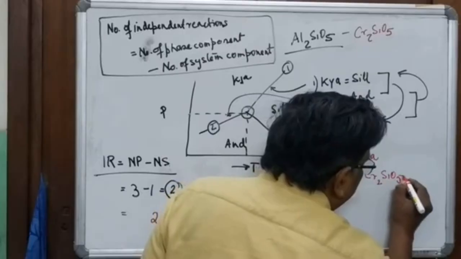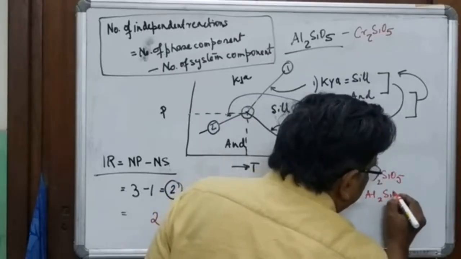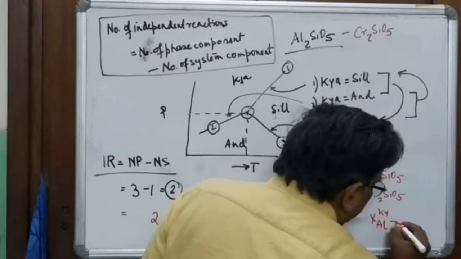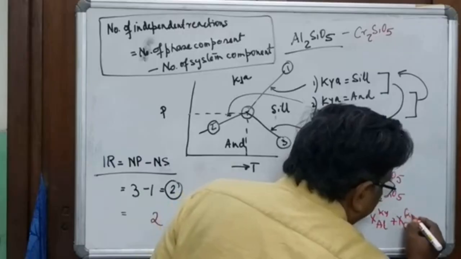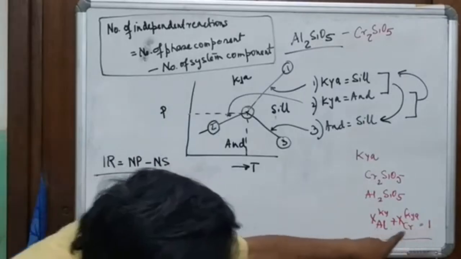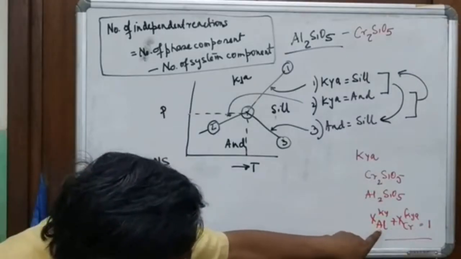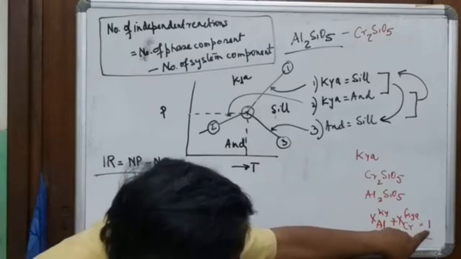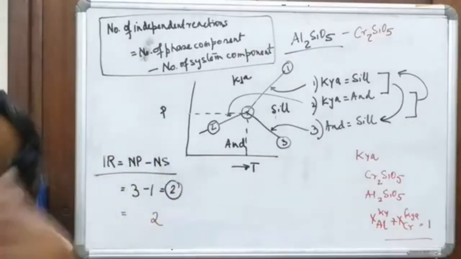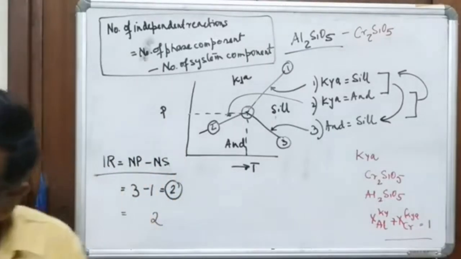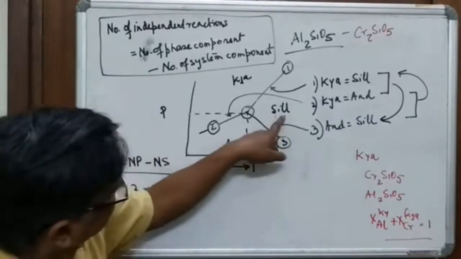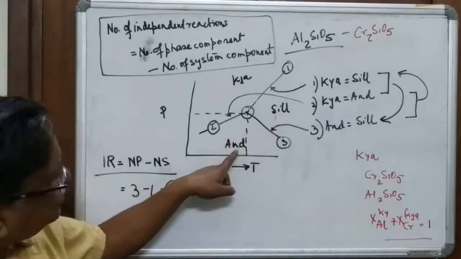Which means to say XAl kyanite plus XCr kyanite is equal to 1. If this is the equation, then if you can determine one, you can determine the other automatically, because it's 1 minus that. Similarly, you will have for sillimanite and andalusite.